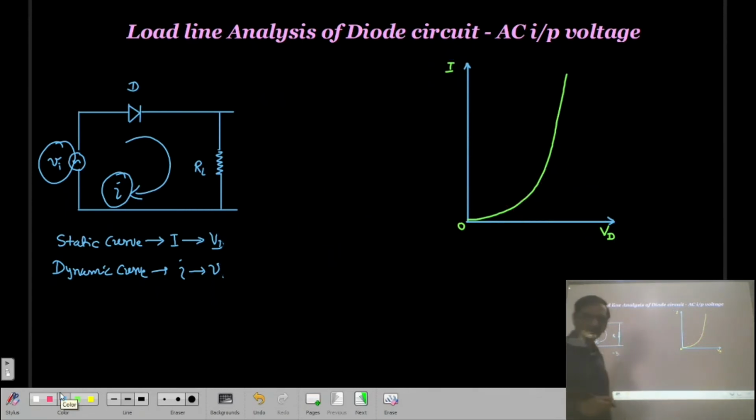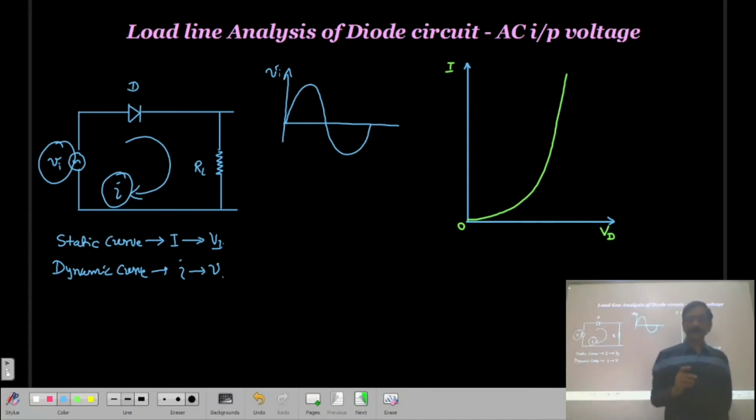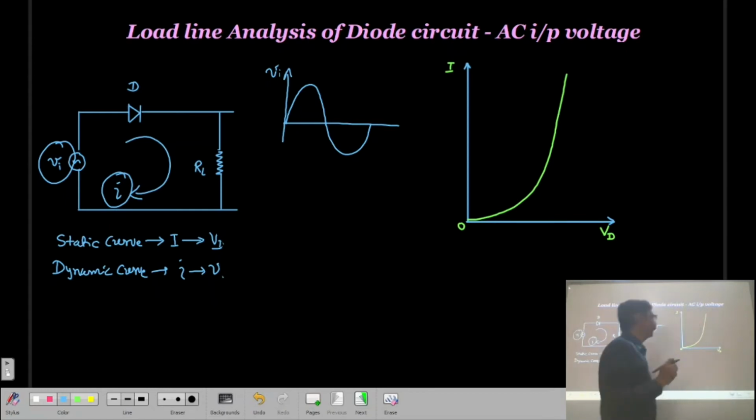So what we can do, when there is any AC input voltage, this is my input voltage Vi. In the AC input voltage, we will consider any two instantaneous input voltages.